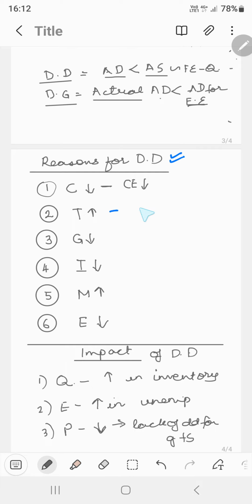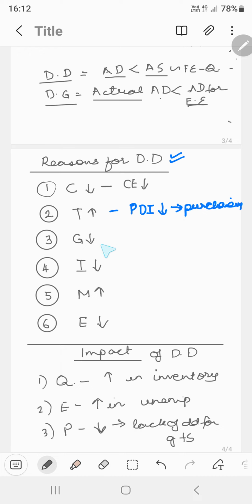If taxes increase, the percentage of income coming into a person's hand will decrease. The personal disposable income will decrease. If there is less income in the hands of the person, there is less purchasing power, so the demand in the market would go down. So this is the second reason for deficient demand.